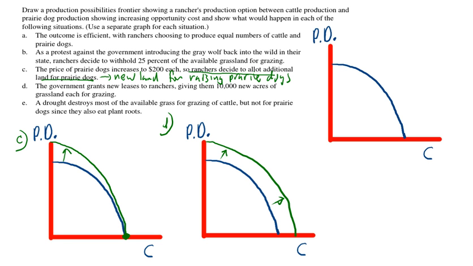Now I can produce more prairie dogs and cattle because I have new resources. Before I could not produce out here because I didn't have enough resources to do that. It was infeasible. But now that I have new resources, new land, now I can produce out here. Now my maximum limits of production are out here, whereas they used to be in here.